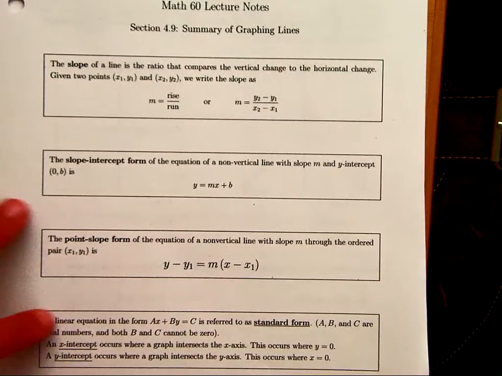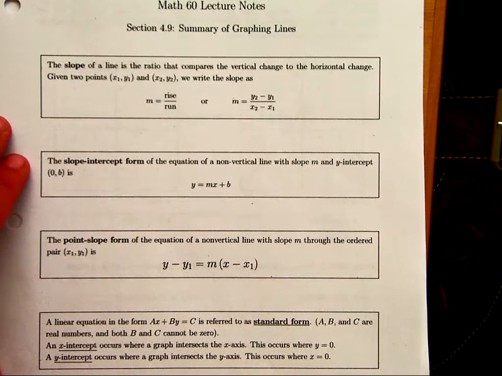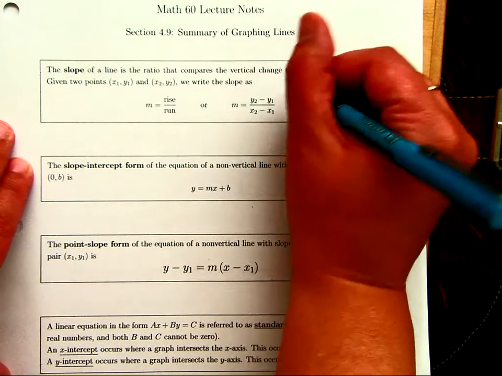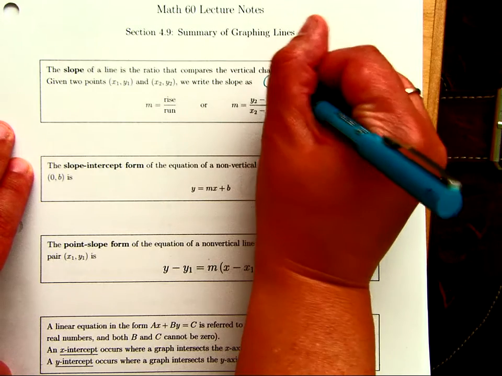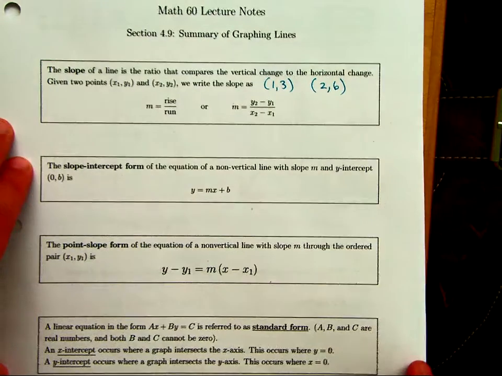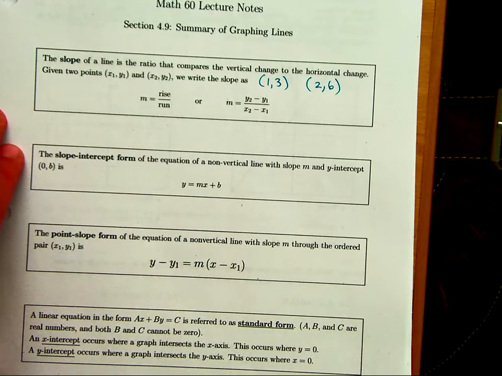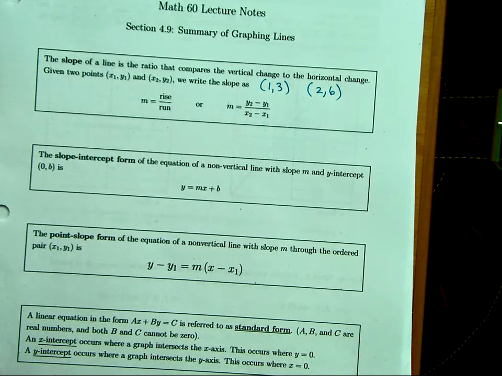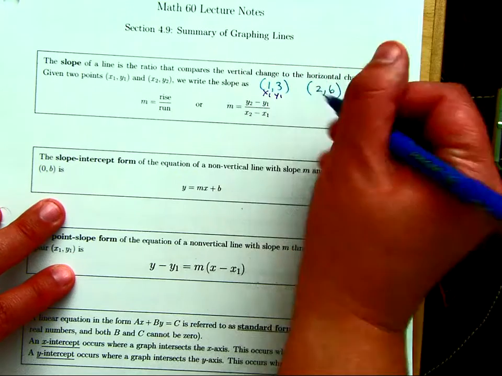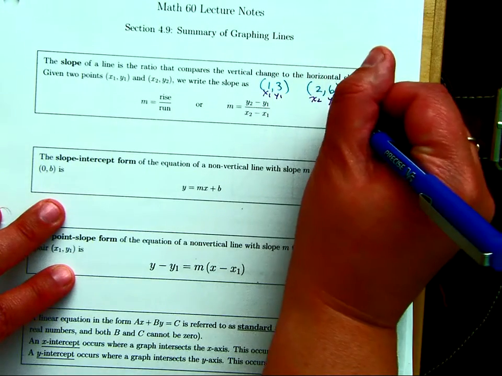But let's just do one problem together. So let's say I have the points (1, 3) and (2, 6). If I wanted to calculate the slope, what I always do, and I always recommend you do, is label this x1, y1, x2, y2.